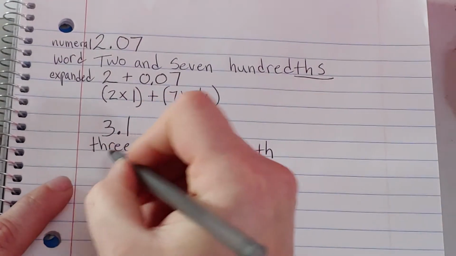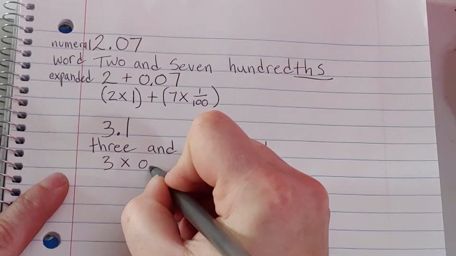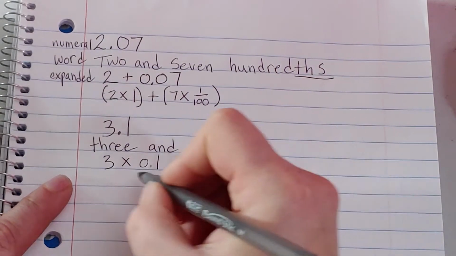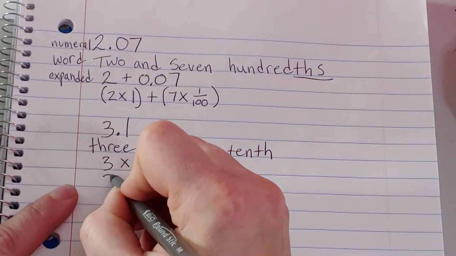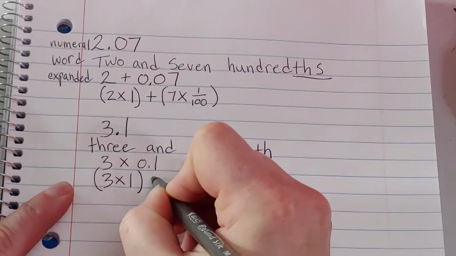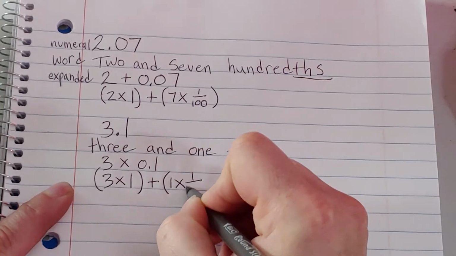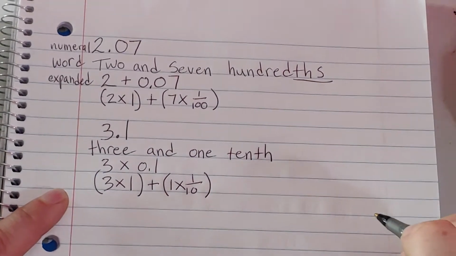In expanded form, 3 plus 0.1, or 3 in the ones place and 1 in the tenths place.